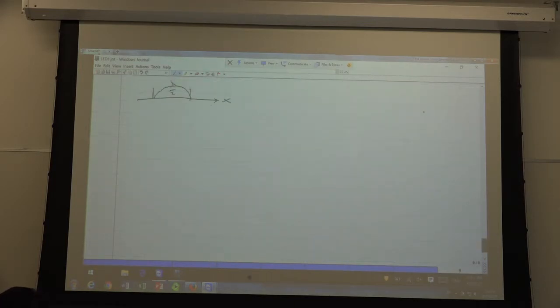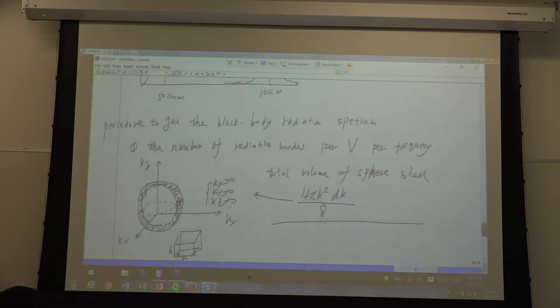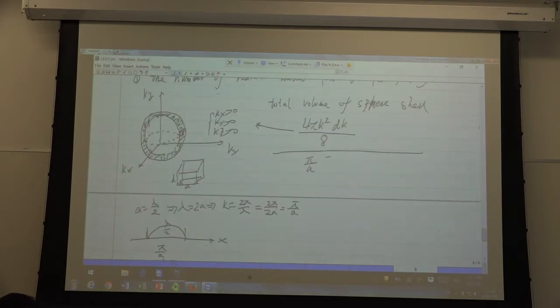But in the k domain, the minimum distance is just pi over a. So here the total volume is pi over a, pi over b, and pi over c.